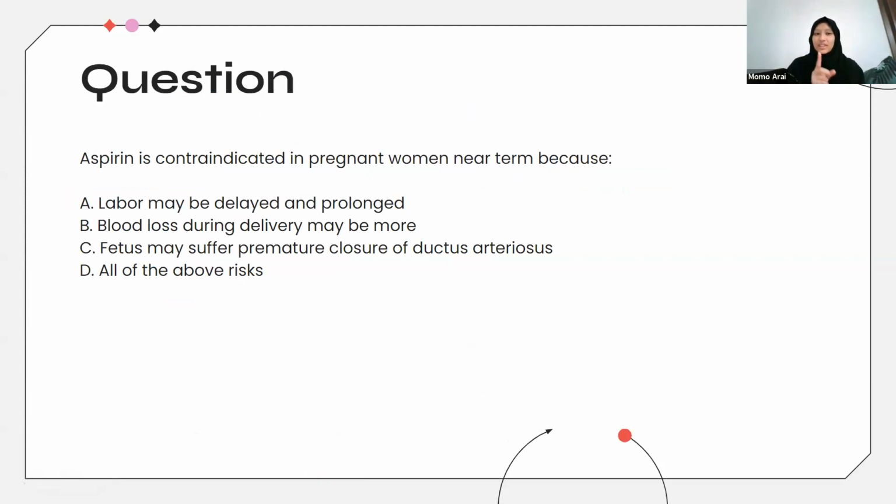So here, aspirin is contraindicated in pregnant women near term because of which of the following?